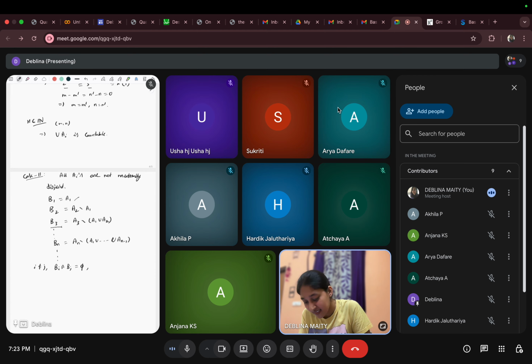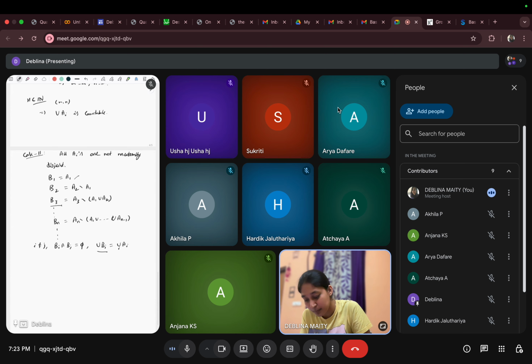And also we see that union of these BIs is nothing but union of these AIs, because all of them are there. So if we prove that union of BI is countable, then union of AI is also countable, right?